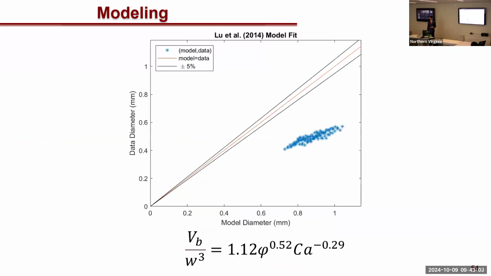Seeing how our data fits with the model from the literature, going back to the Lu 2014, we see that the model vastly overpredicts our data. Our initial thought of why is because this model assumes a square cross-section of these microchannels.